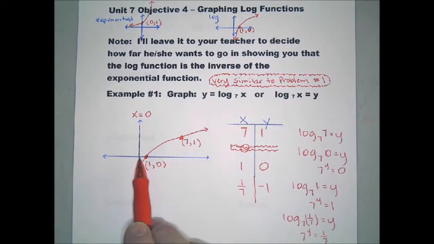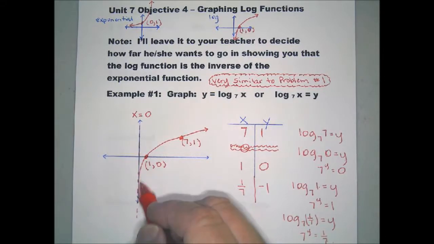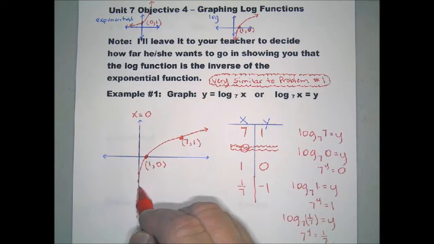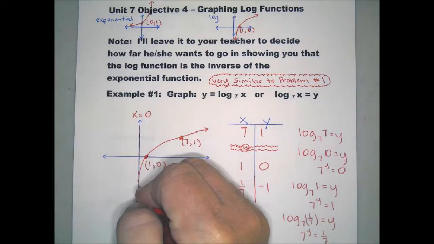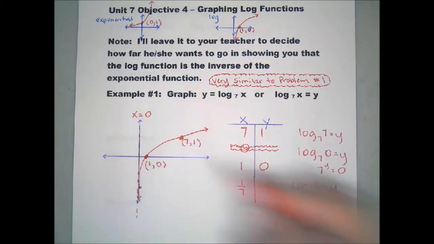And then 1/7 when x equals 1/7. So I'm barely going off the origin, but I have to drop down to -1. So who knows, it would probably be, if that's +1, let's call this -1 right here.